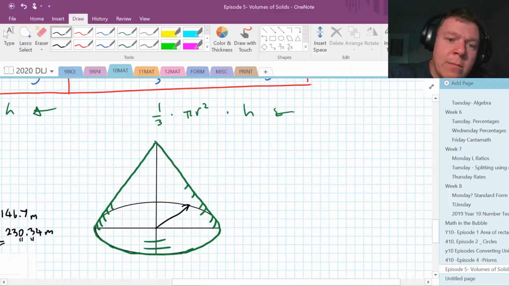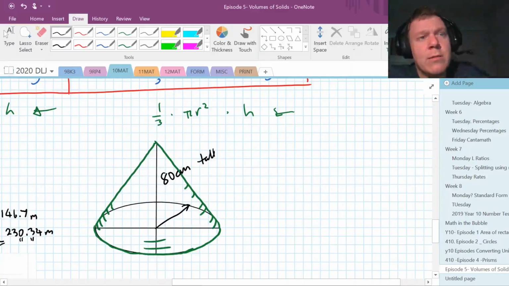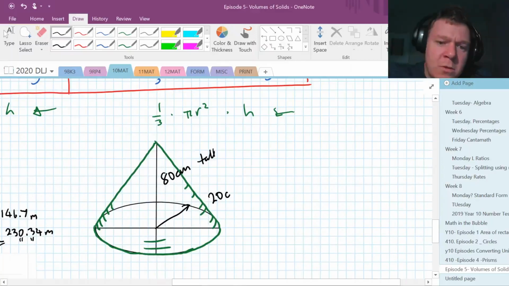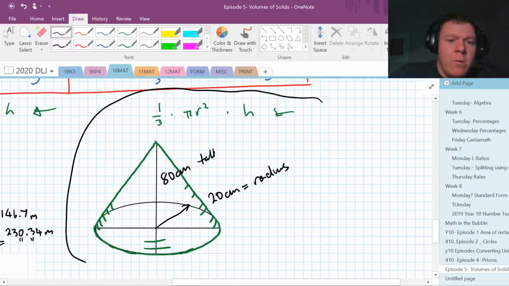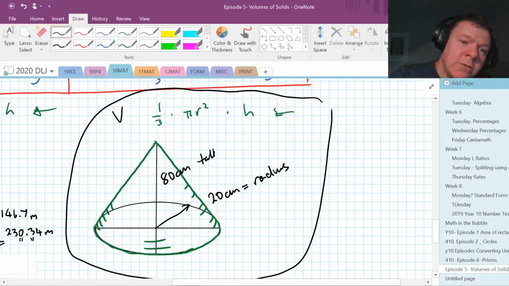They're about 80 centimeters tall, and the radius is about, let's say, 20 centimeter radius. So here's all the information you need to find out the volume of a cone. It's just the radius and the height.